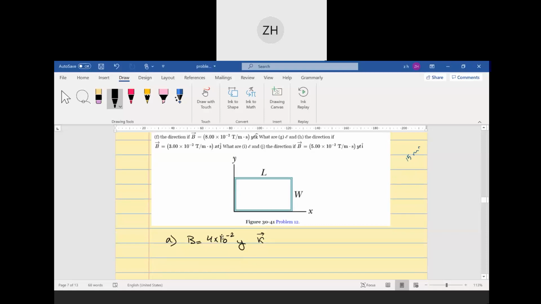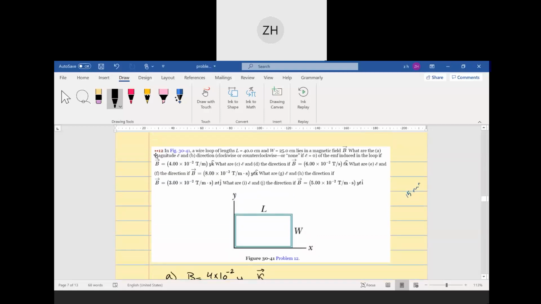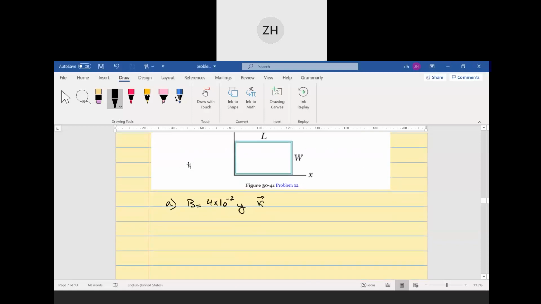In this situation, we want to find the induced EMF and its direction. If we want to look for the magnitude of the induced EMF, let's remember the formula, which is minus delta phi by delta t. And like we said, whenever we're talking about the magnitude of an induced EMF, we can just take away the minus sign.